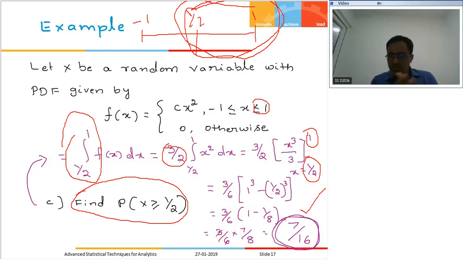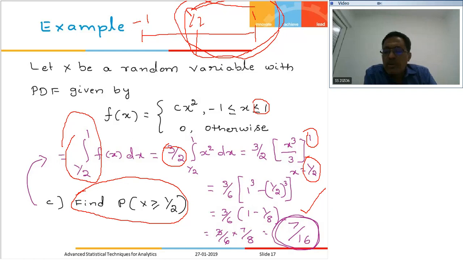Repeatedly, what we have been discussing is, whenever we find probabilities, you should validate whether it satisfies the rules we have with respect to probabilities. What are those rules? One is that probability always lies between 0 and 1.